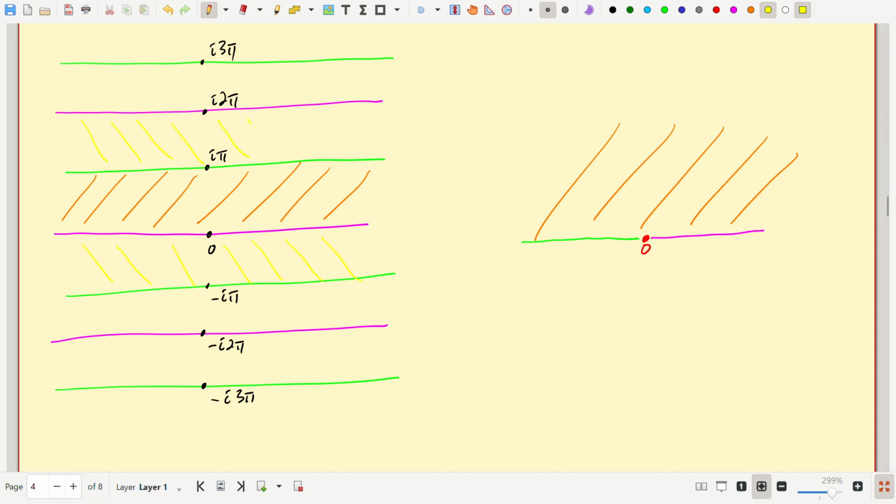These are all going to map to the lower half plane. So it's like an American flag stripes kind of thing. The orange stuff all gets mapped one-to-one onto the upper half plane. And the yellow stuff all gets mapped one-to-one onto the lower half plane. And 0 never gets hit. So e to the z is going this way.